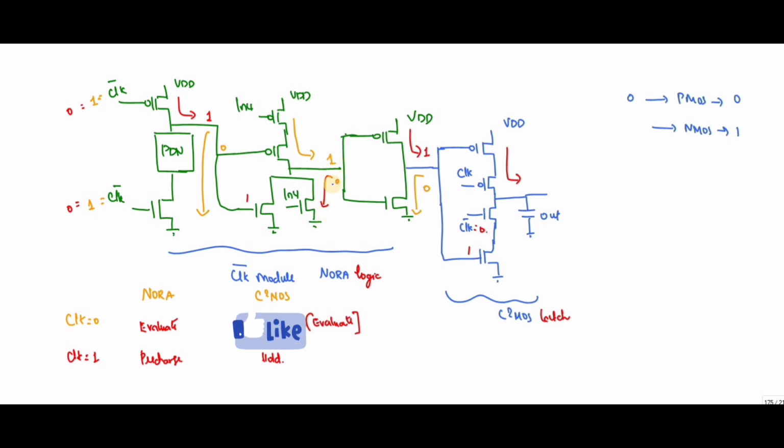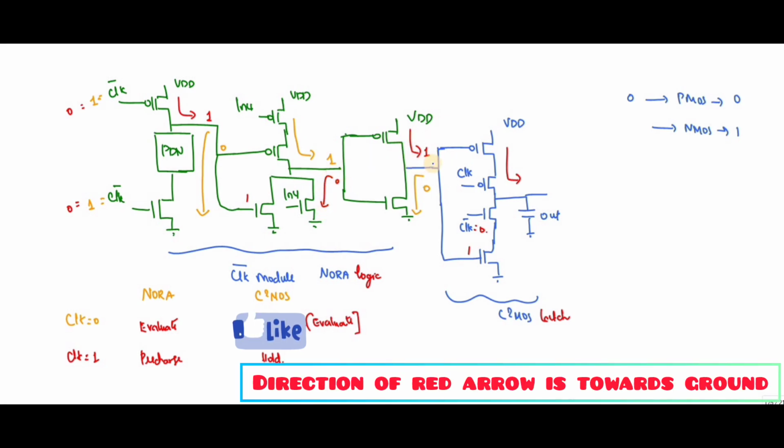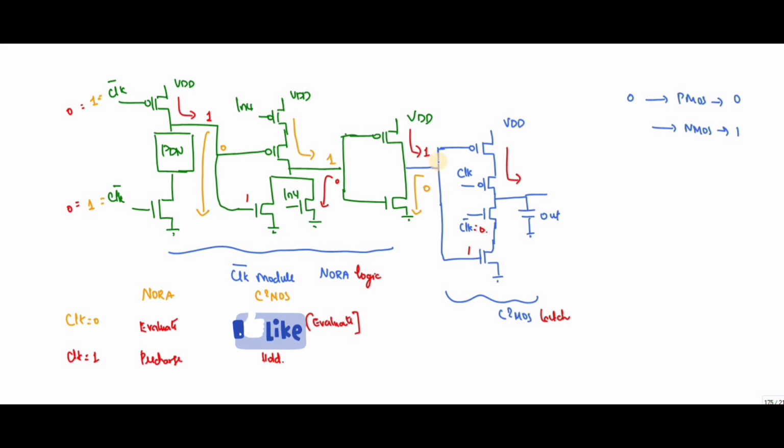So the NORA logic is in the evaluation phase. So this 1 will reach here. Since the clock value is 0, I can write it as evaluate. Next, when the clock is 1, this orange line will go to 0, and this will be pre-charged. You have 0 here and 0 here, and then this will be in the hold mode because this entire thing is open circuit.